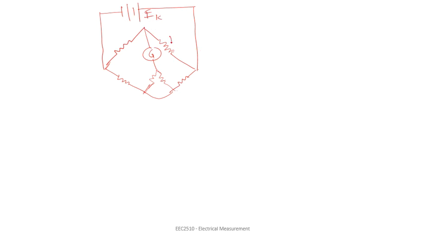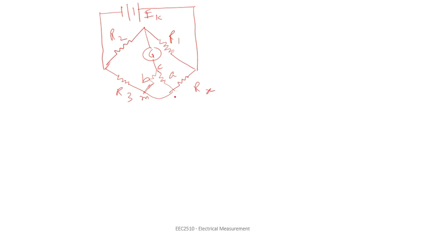And these are different points: R1, R2, R3 are different resistances. Rx, this is resistance A, this is resistance B. This is the galvanometer, and this point is point C.